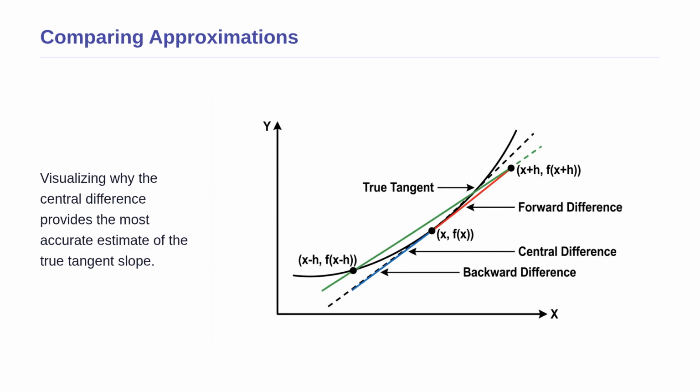Both are noticeably tilted away from the true slope. They are skewed. Now look at the green line, which represents the central difference connecting the outer 2 points. It is nearly perfectly parallel to the true tangent line. This diagram visually proves what our math just showed. Balancing data from both sides provides a much more accurate estimate of the rate of change.